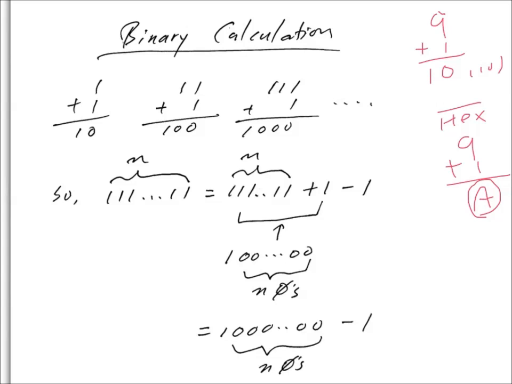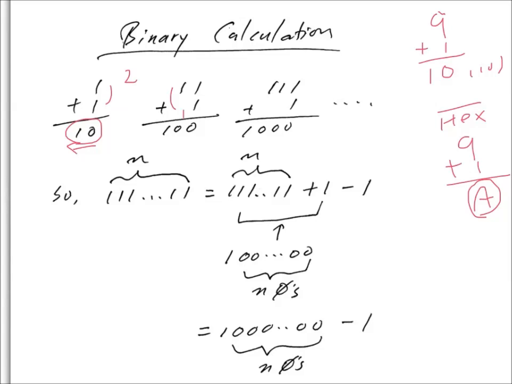Okay. So how about the binary system? In binary, 1 plus 1 numerical value is 2.